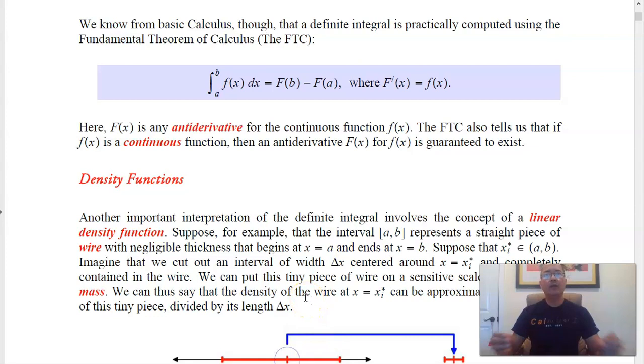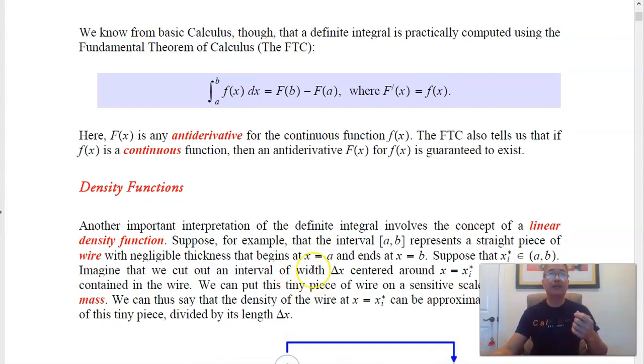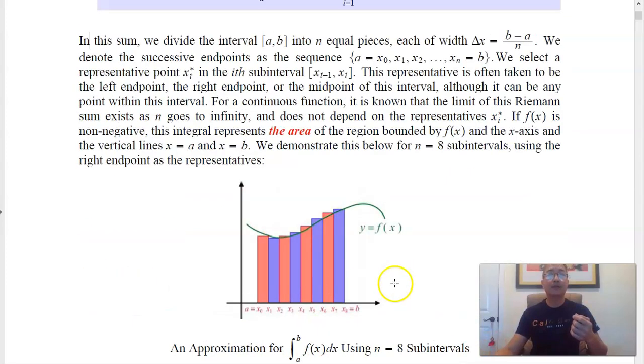We also saw in basic calculus, and we also see it in the diagram over here, that when you have a definite integral, the exact value represents the area of the region bounded by your function above, the interval from a to b below, and these two vertical walls, one at a and one at b.